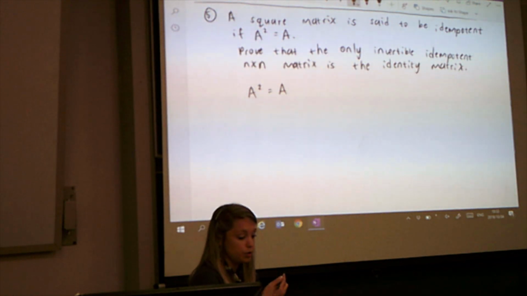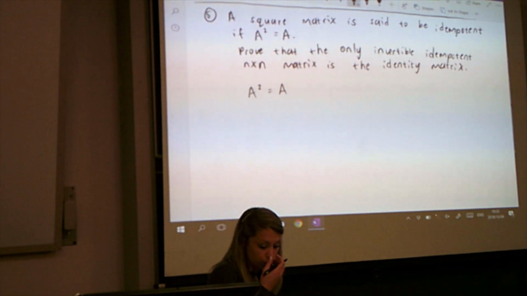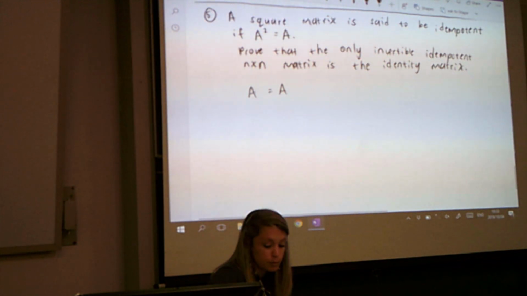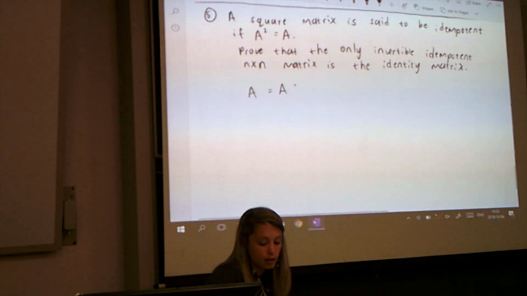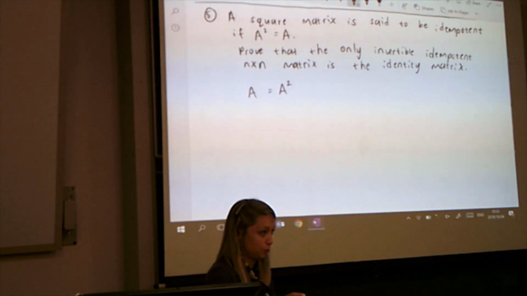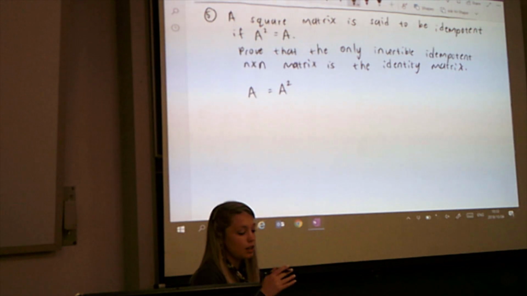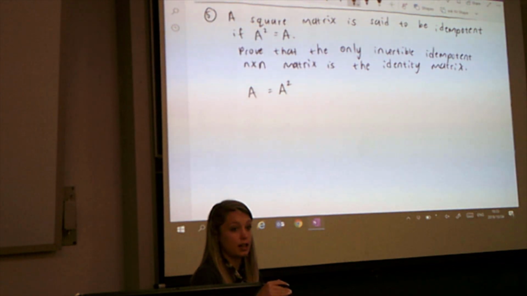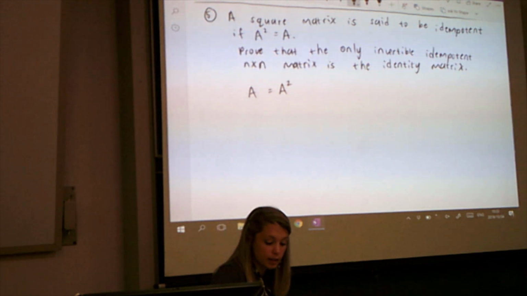Now what I'm going to do is just switch the A and the A squared around, just for my own sake, because I have to switch around my notes, so otherwise I'm going to get confused. Now I'm going to multiply on both sides of my equation with A's inverse.